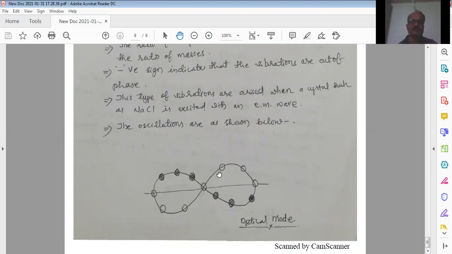It is very clear that these two waves are completely out of phase. Thus at k equal to 0 for the optical branch, the two waves are out of phase.